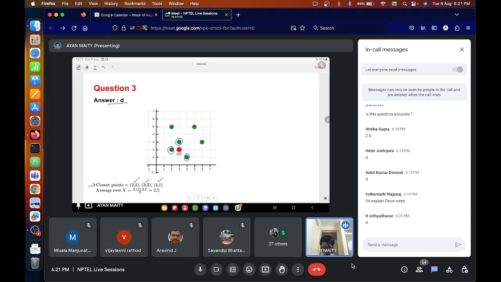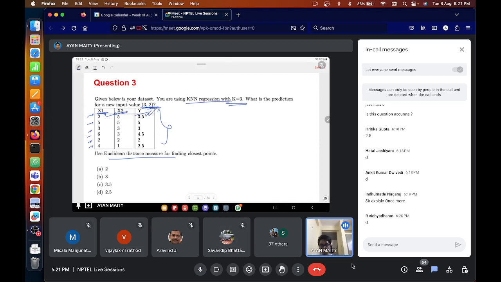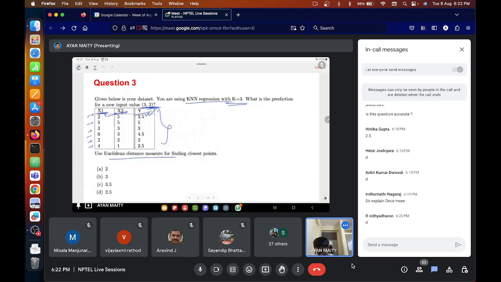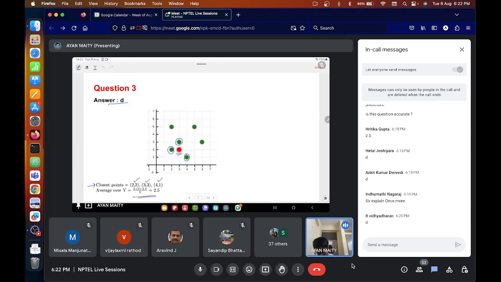You will have to just find the average of the y values of these 3 points. The y values are already given here in this y column. The y value of 2, 2 is 2, the y value of 3, 3 is 3, and the y value of 4, 1 is 2.5. You take the average of all these 3 points, and it will be 2.5. So that's why option D, 2.5, is the correct answer.